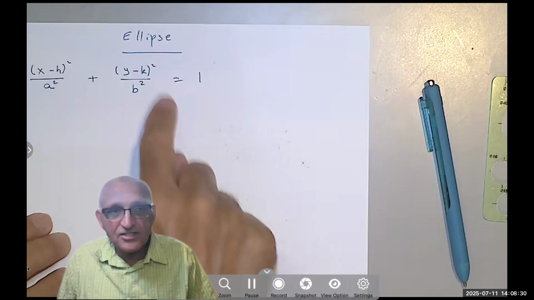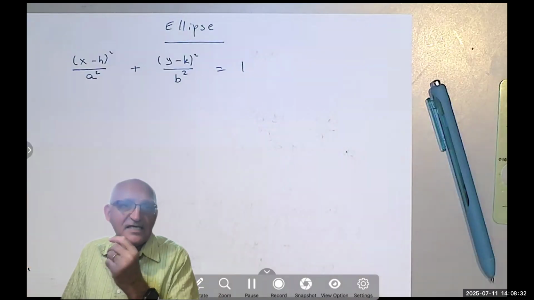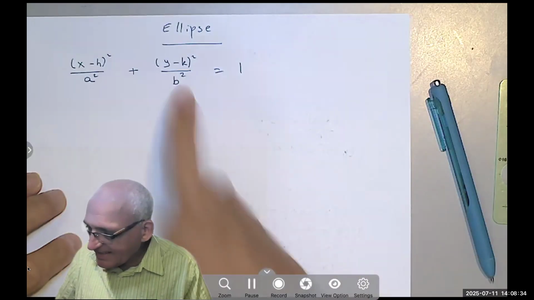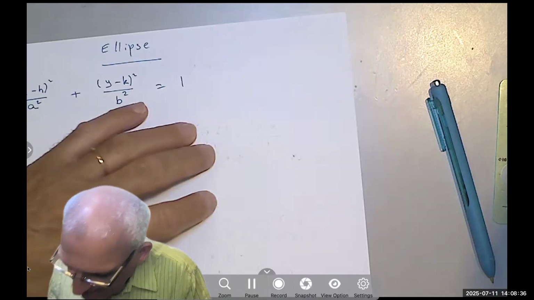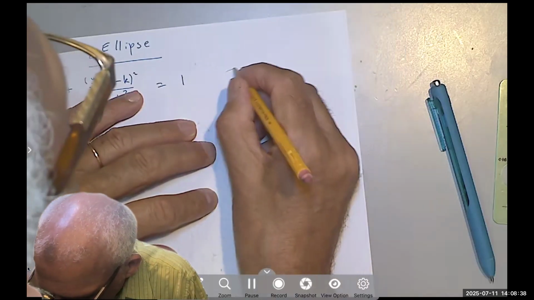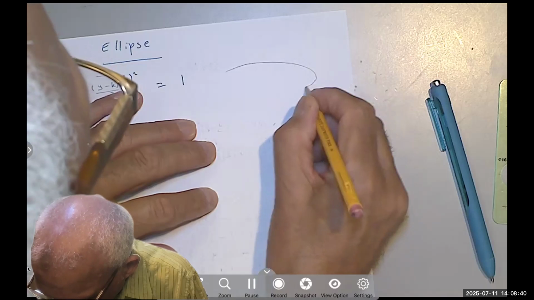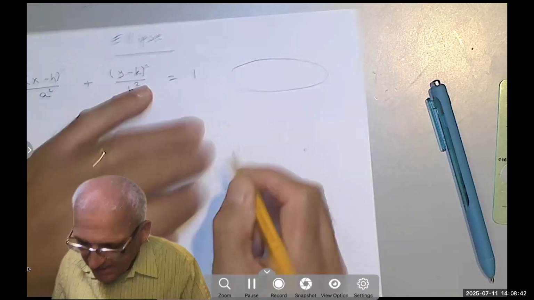If a is large, so here we are going to assume always that a is larger than b. If I write it like that, it means it's an ellipse that is longer along the x than it is along the y.